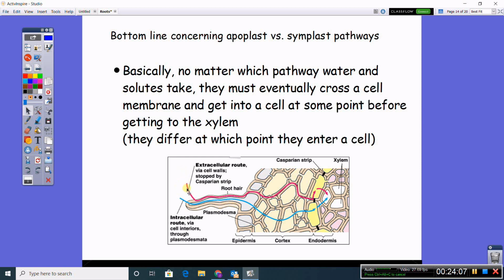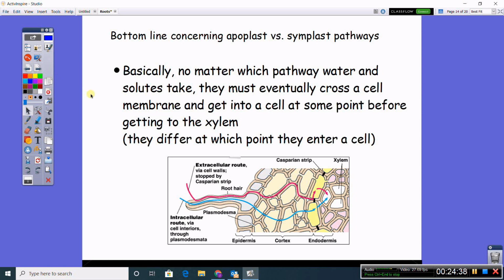In the red pathway, which is the apoplast pathway, they basically just travel through the cell wall. They have no intention of ever entering the cytoplasm of a plant cell. But once they reach that Casparian strip, which is part of the endodermis, that is forcing them into the endodermal cell, into the cytoplasm, and then it can go the rest of the way within a cell.